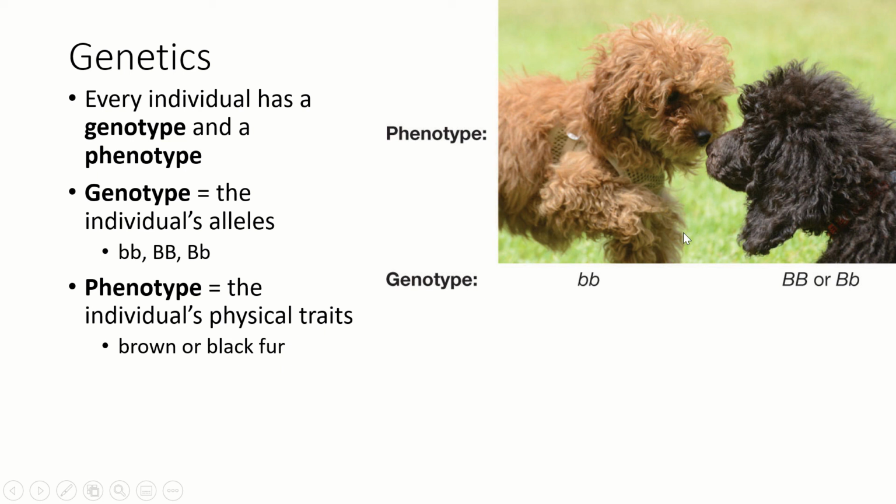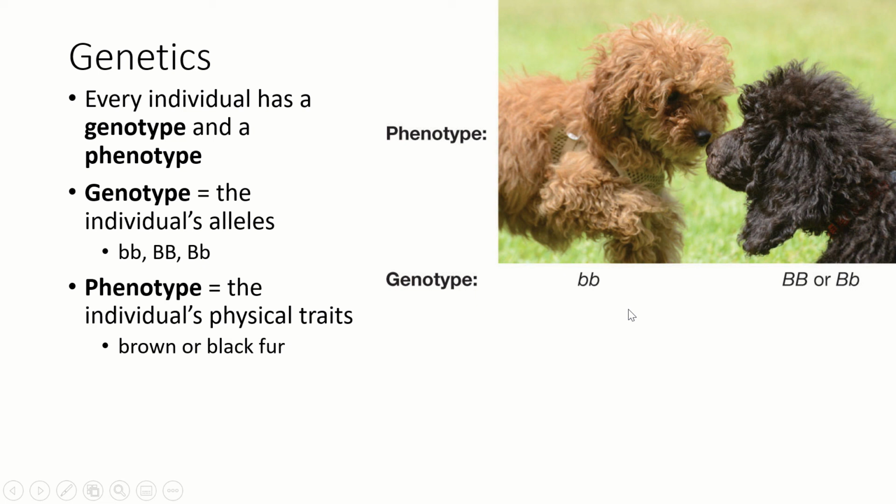So in traits that are characterized by being this simple dominant or recessive relationship, you always know the genotype of an individual that has the recessive characteristic because, for example, to be a brown poodle, you have to have 2 copies of the recessive allele. Now, we're assuming that there was no non-disjunction happening.